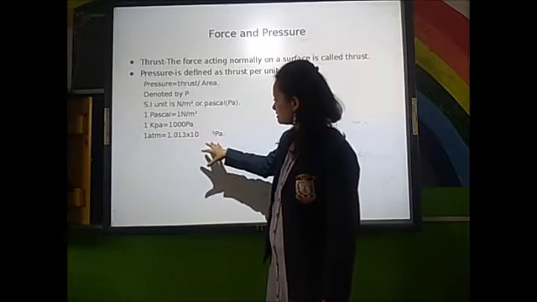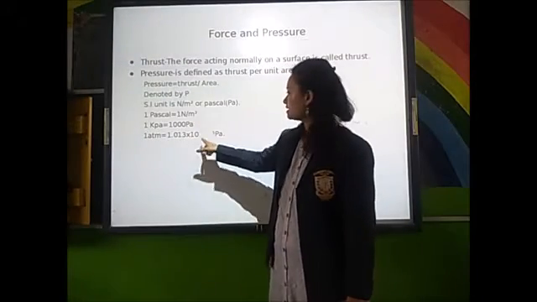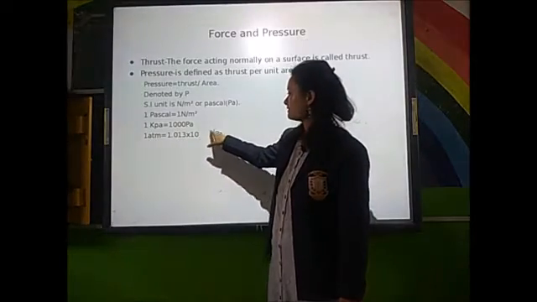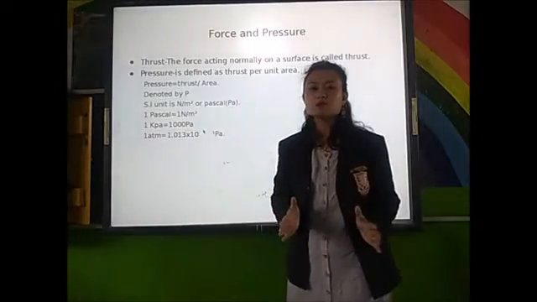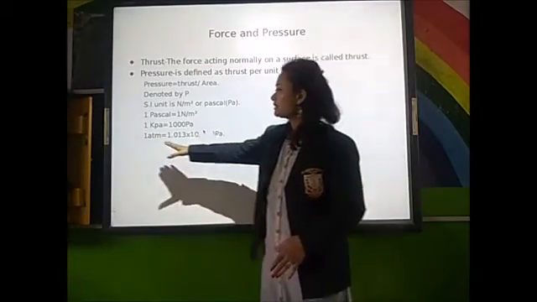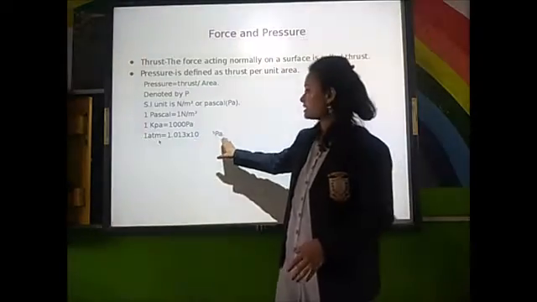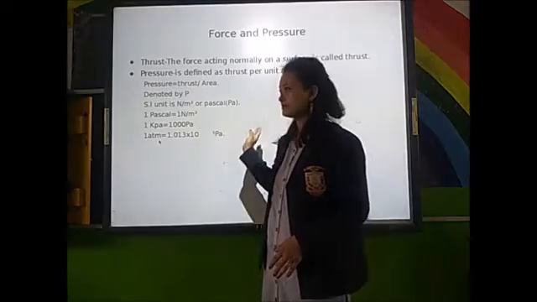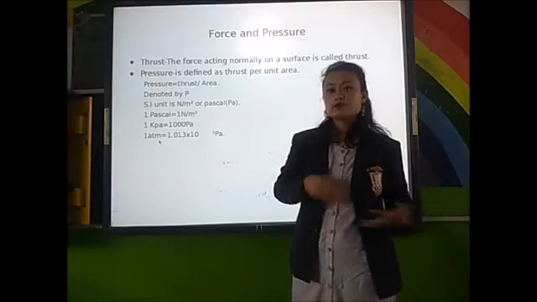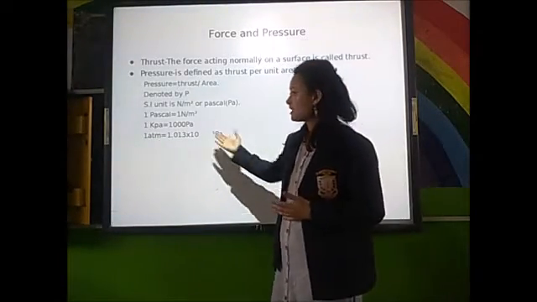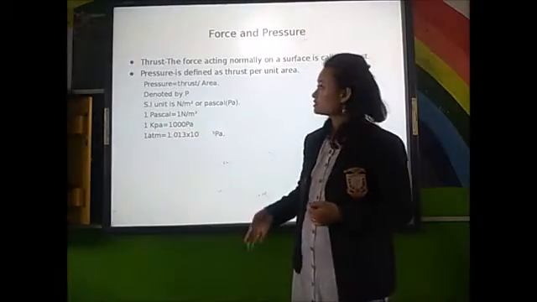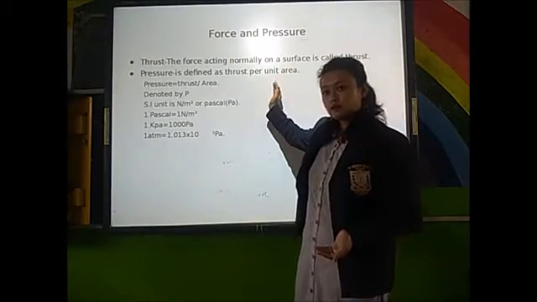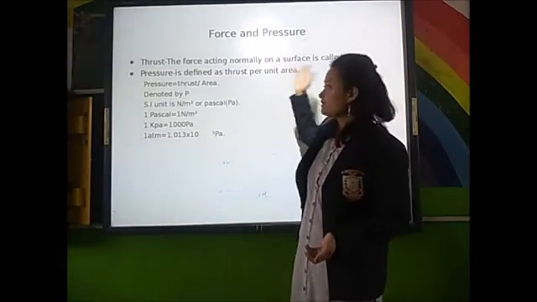You can refer to your book if you have any confusion here. If you are converting atmospheric pressure into Pascal, you have to use this relation. So these are the relations between the units and the definition of pressure and the definition of thrust.